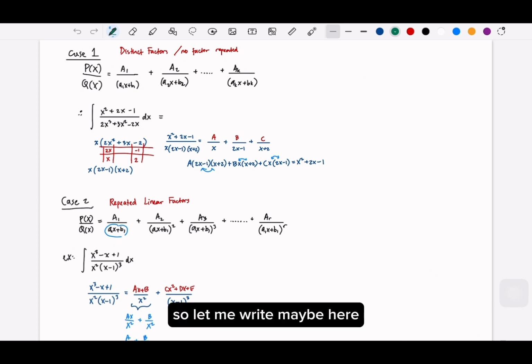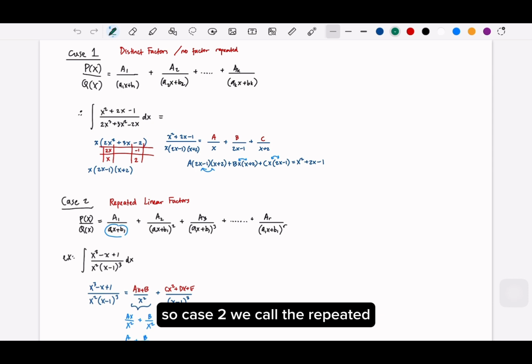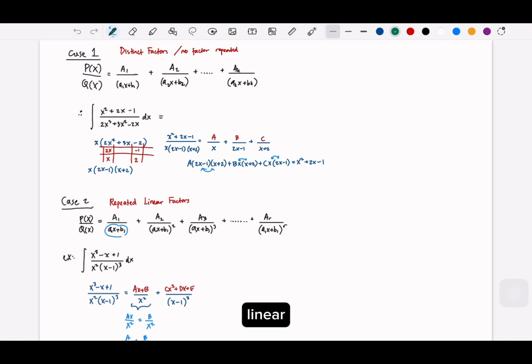Okay, so let me write maybe here. So case 2, we call the repeated linear factors.